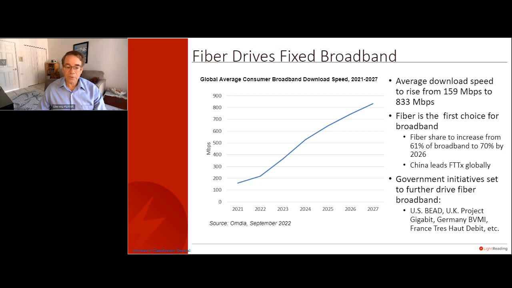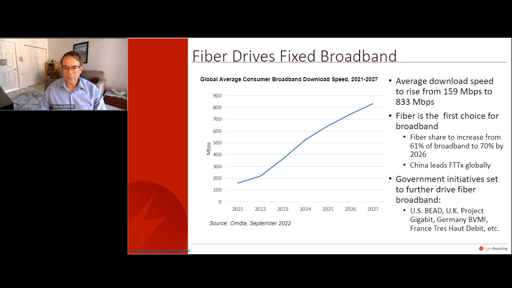These are averages, so some regions will be less, but some will be significantly higher. A lot of countries in Asia are moving into the gigabit age quite quickly. Fiber is the choice for this going forward, but even today, driven by Asia and particularly China, fiber is already 61% of broadband connections, and that's set to increase.